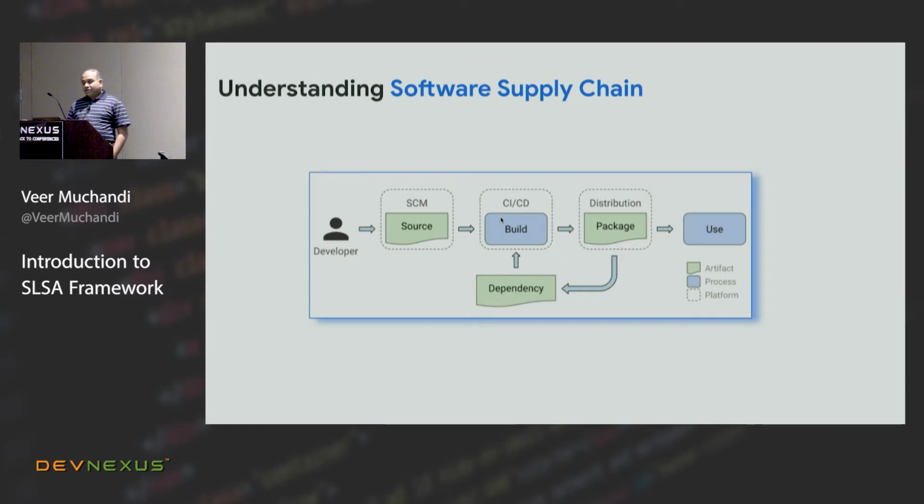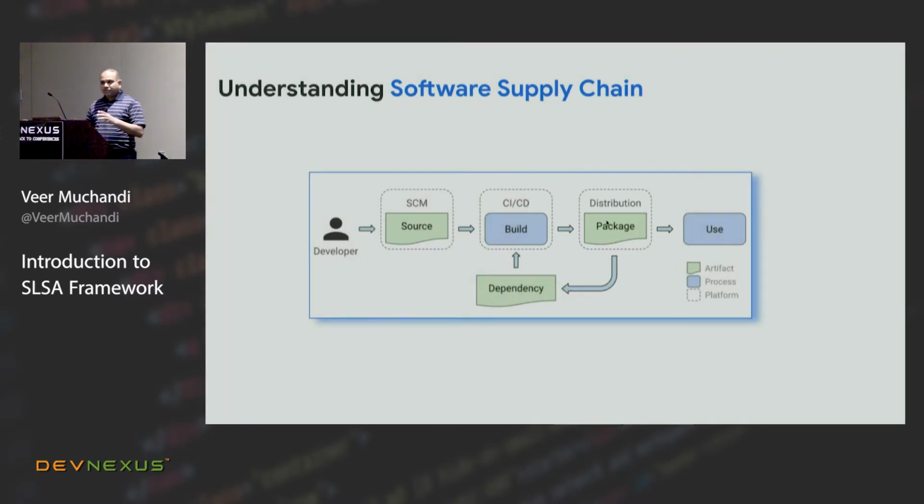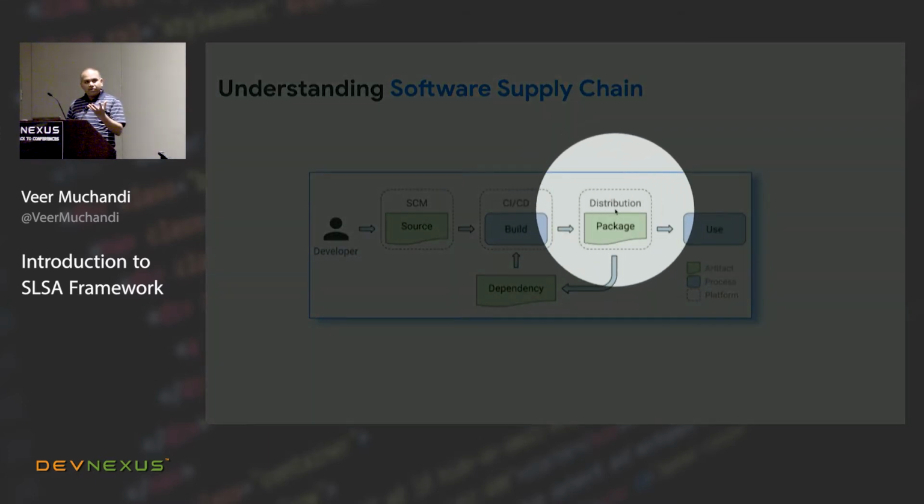And then when you are done with your build, you end up creating some kind of a distribution package. An example could be a Dockerfile that is a source getting converted into a container image that gets stored in a container registry. So your container registry is your distribution platform in which your container image gets stored, right?